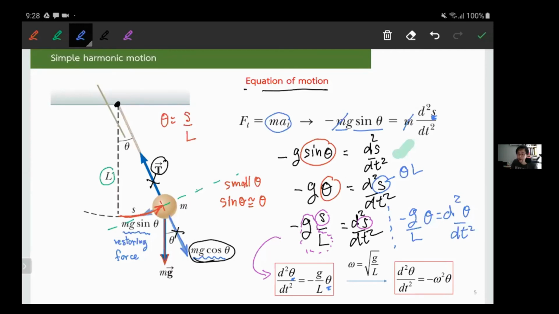Where does the s over L come from? One of your friends asked, where does the s over L come from? That is from the definition of the angle. Let me show you here. If you have a full circle, everyone knows the circumference of a circle of radius r is 2 pi r. And everyone knows every time you go one full round, the angle that you sweep through one circle is 2 pi.